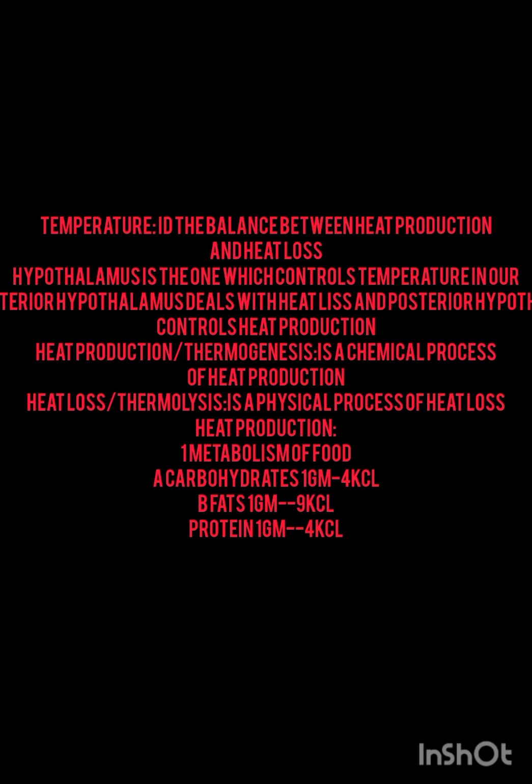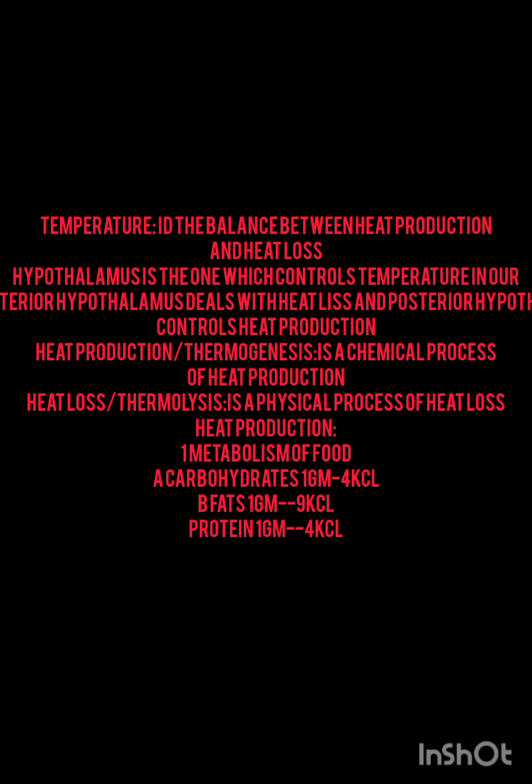For example, if we have food, digestion takes place. From digestion, some amount of heat is produced. That is called a chemical process. Metabolism is a chemical process, if we take it as an example.